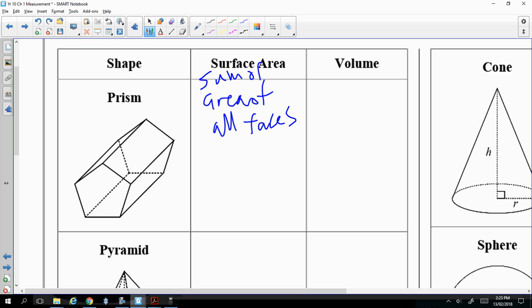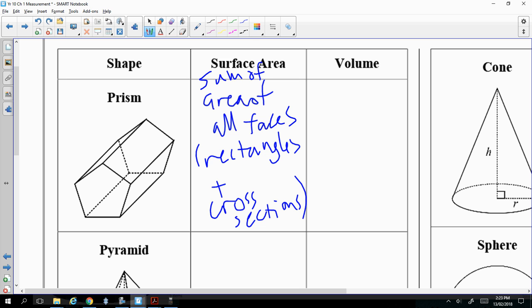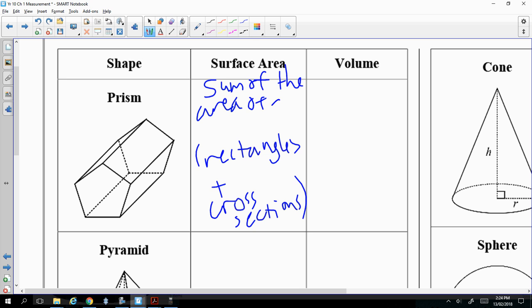So most of these are rectangles plus the cross sections, front and back, which are always the same. Sum of the area of all faces. How about volume? You just go V equal to A times H, A being the cross-sectional area, times the height. Okay?